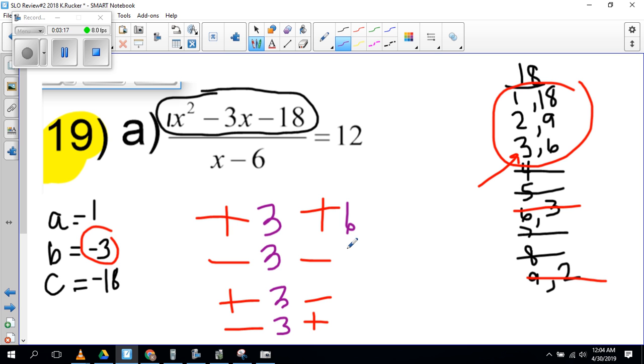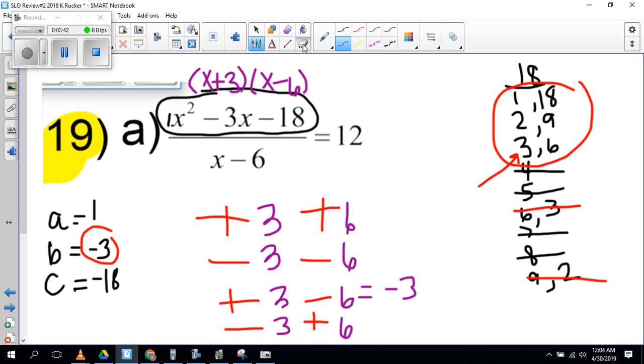And we need a negative 3. So just to shorten it up, this one here gives us negative 3. So our answer for this part will be x plus 3 and x minus 6.